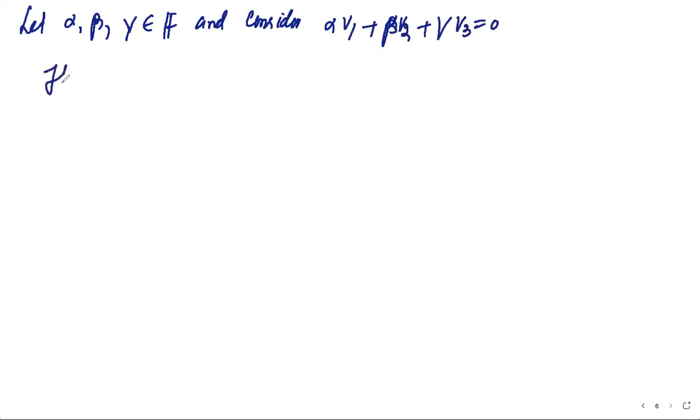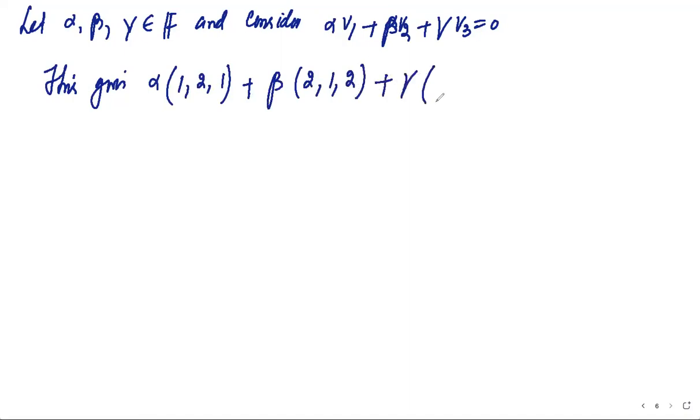So this gives us, now substitute the values of v1, v2, and v3. Now this alpha times v1 is equal to 1 2 1 plus beta times v2, now v2 was equal to 2, 1, 2. Then plus gamma times v3, and v3 is equal to 2, 2, 1.